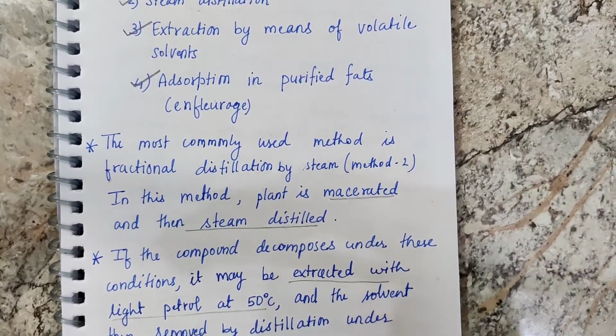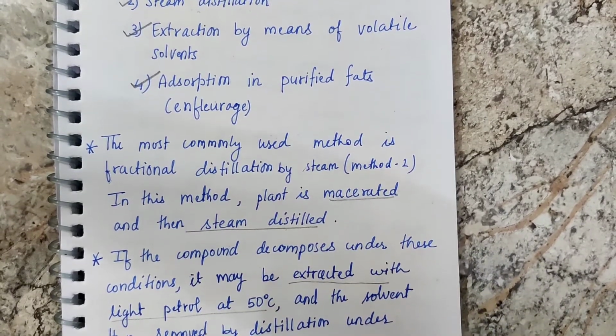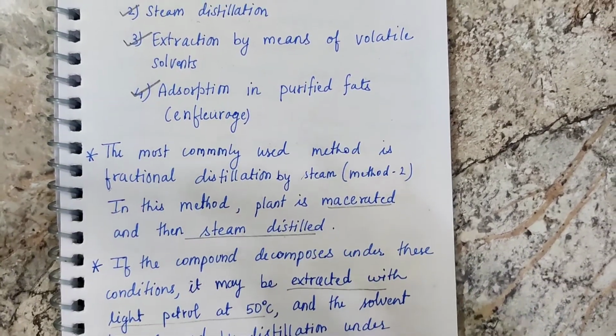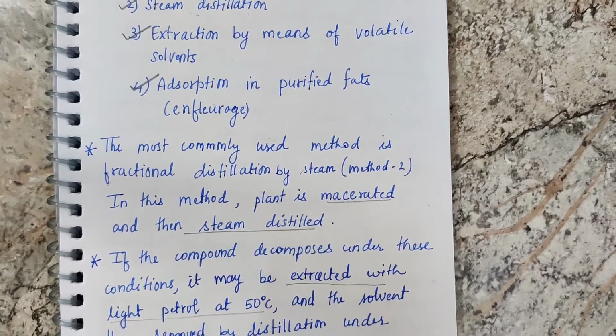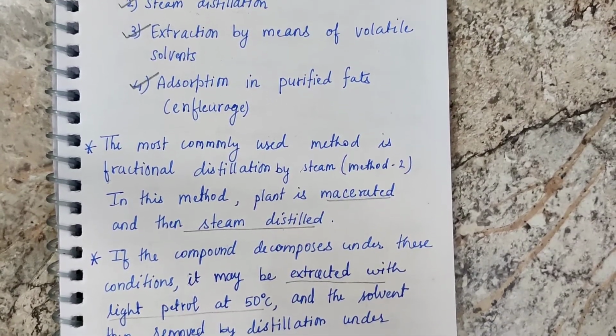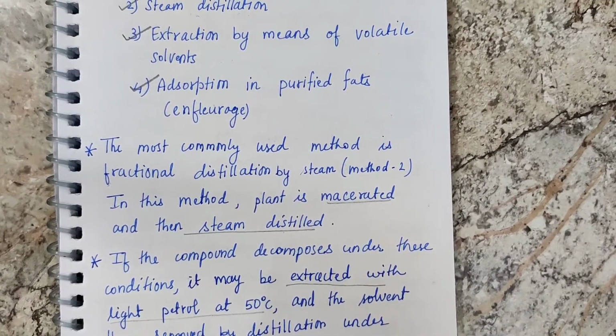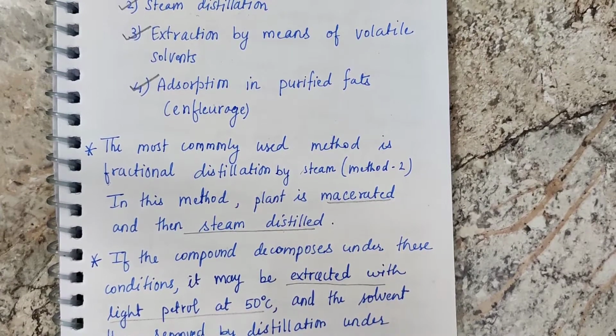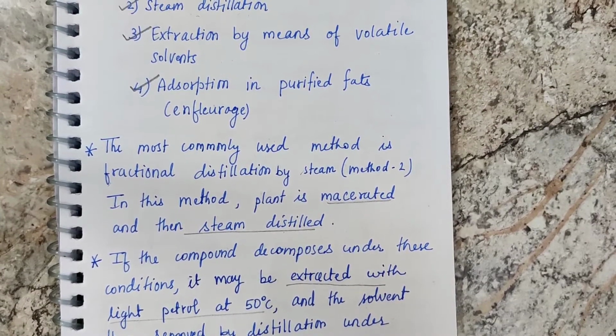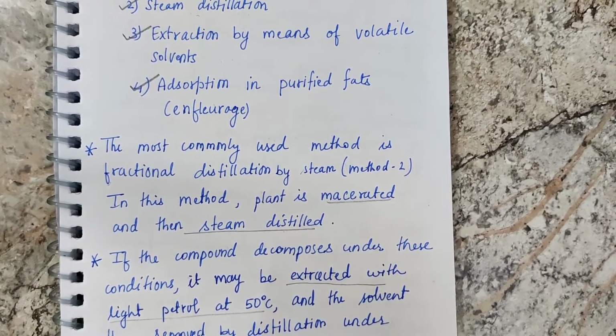So the concept of steam distillation is that different molecules vaporize at different temperatures. So all the components get differentiated. They will be coming out from different vessels. So that is steam distillation.